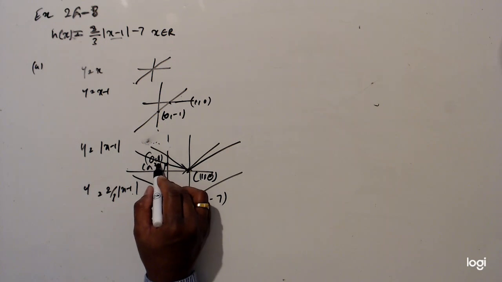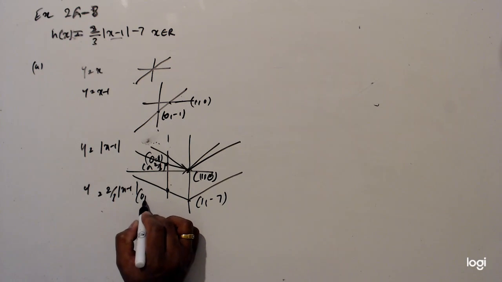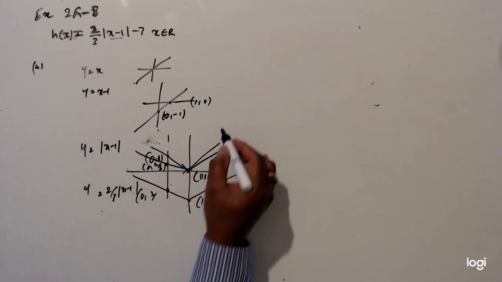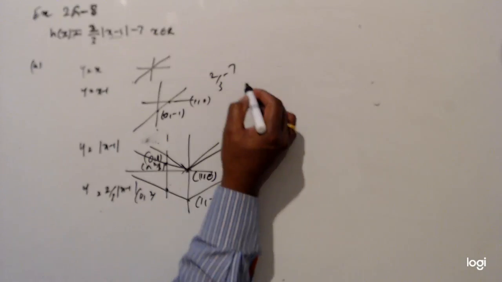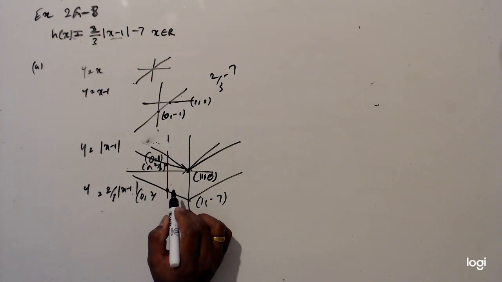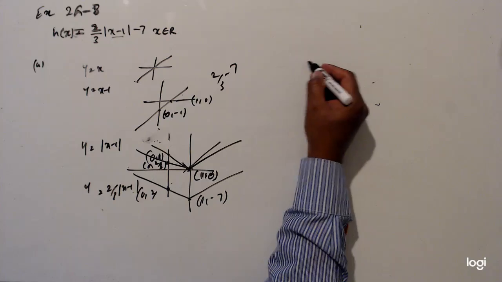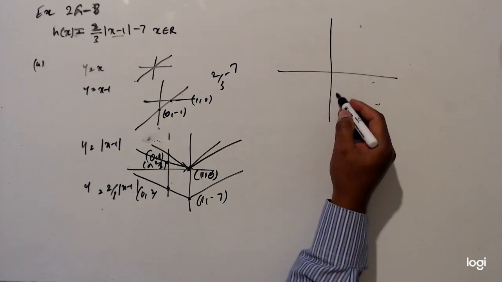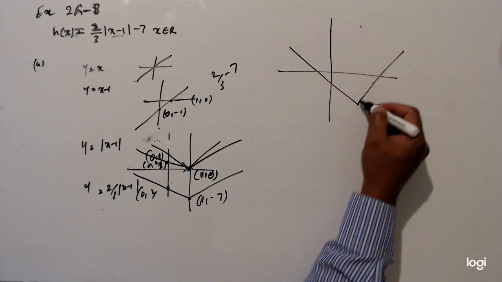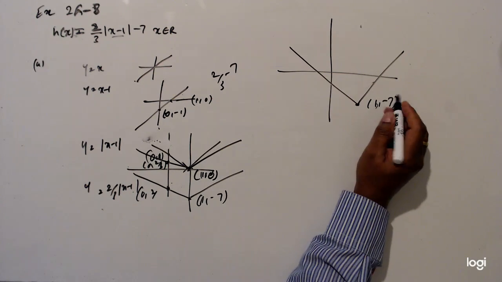Okay, this is 2 over 3, so this point is (0, 2 over 3 minus 7), so that is this point. And now the graph is, so (1, minus 7).